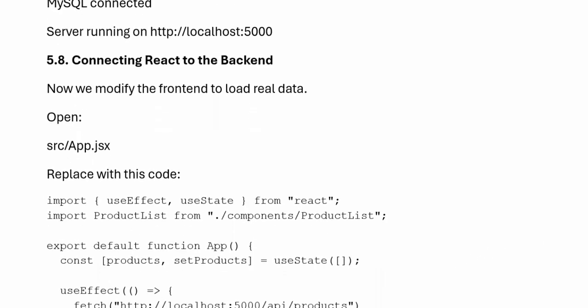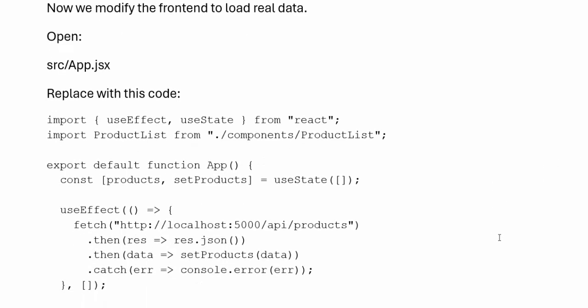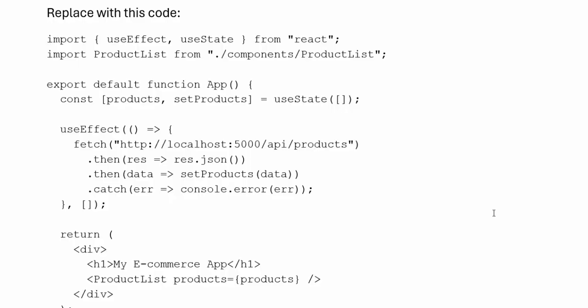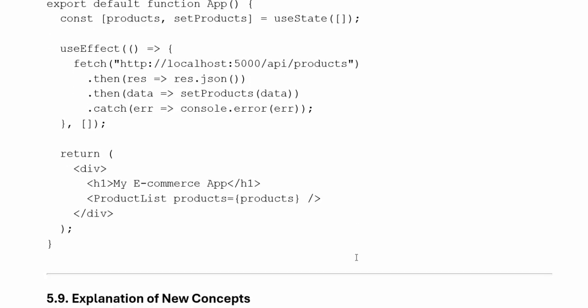Connecting React to the backend. Now we modify the front end to load real data. Open App.jsx and replace it with this code. Here it is. Mock data is replaced with useEffect, and here we use state for the first time. For all about useState and useEffect, ask artificial intelligence.